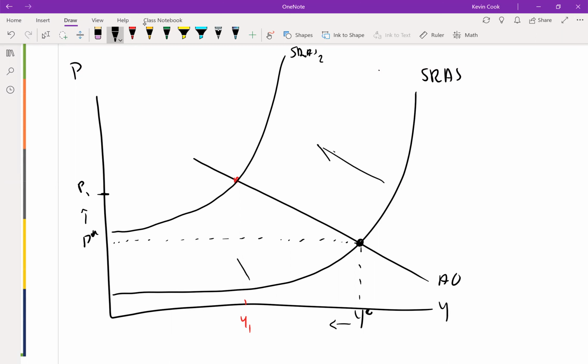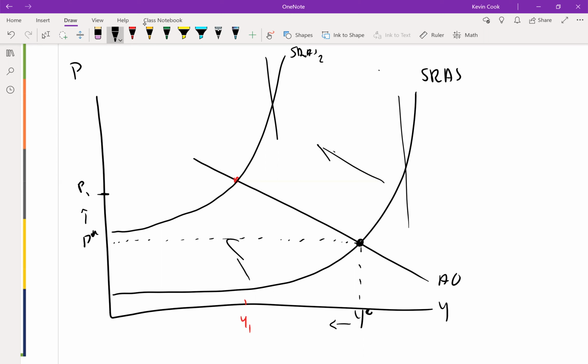And if our aggregate supply is actually shifting back, that's really bad times because we're almost walking backwards. Productivity is actually going down and so on. And if this were to happen, if we were to tag in our long run aggregate supply, we would see that that would go down. Now, granted, this graph is probably a little on the dramatic side, but I think it gets the point across and shows how we can see stagflation.